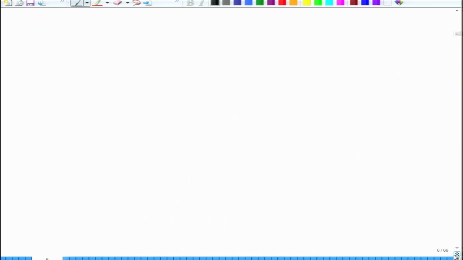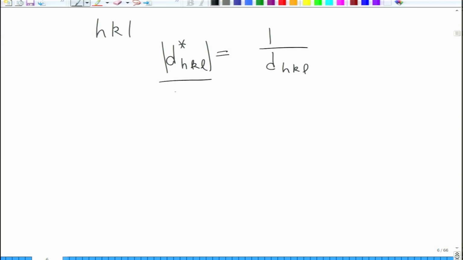So basically you take a lattice point, and corresponding to that you have a reciprocal lattice point, and the distance from the origin to that reciprocal lattice point is inversely proportional to the real lattice vector. So for a given hkl, you have d star hkl, which is the reciprocal lattice vector length, and this is reciprocal and this is real. This is the difference that you have.